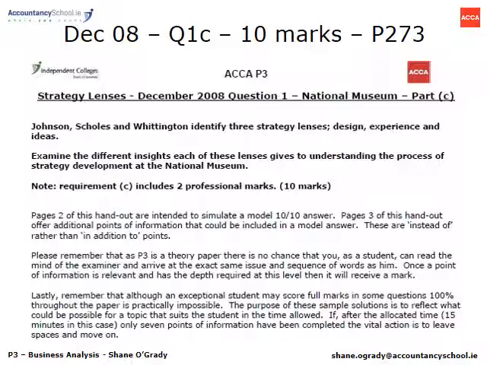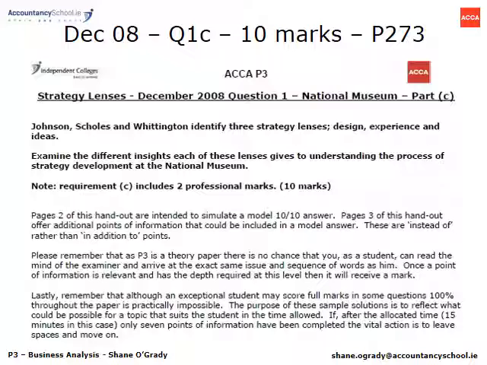If you want to take a look at an indicative answer to this particular question, you'll find it in my course notes. Now, just be careful about that. Normally, my indicative answers are in my practice and revision kit, so it's in my course notes on page 273. And again, what you will see there is a more realistic version of what somebody could do in the exam given the time constraints, and much briefer than the sample solution.